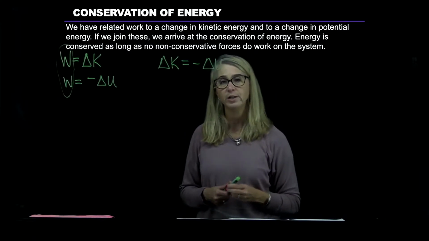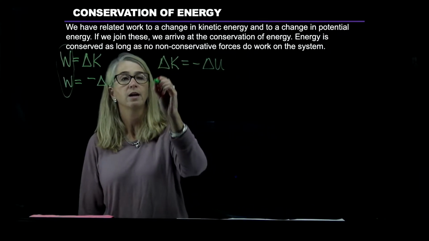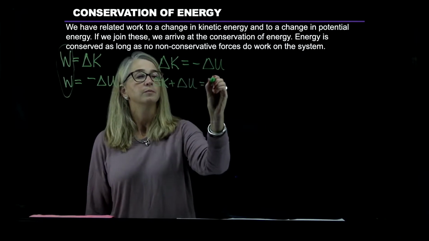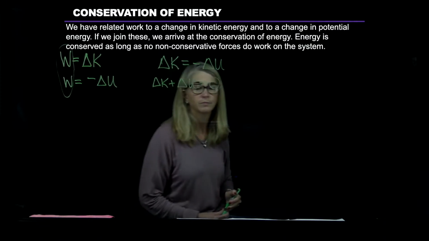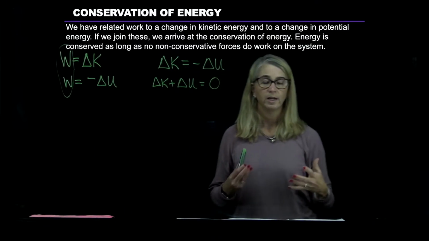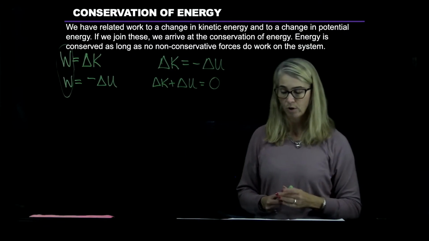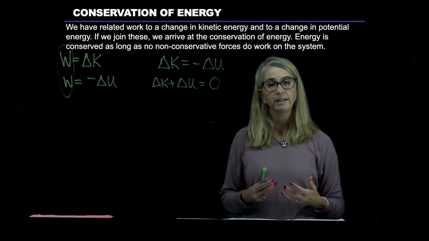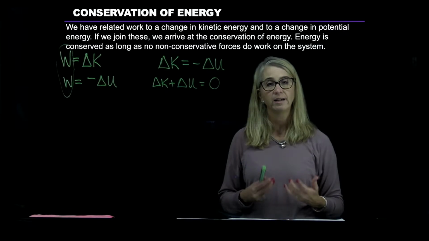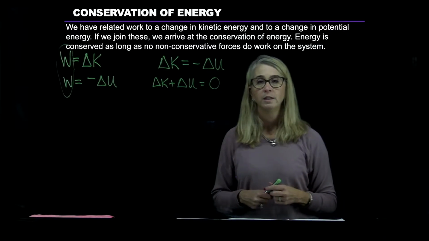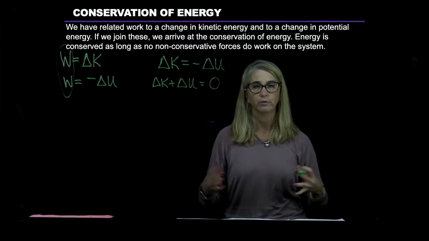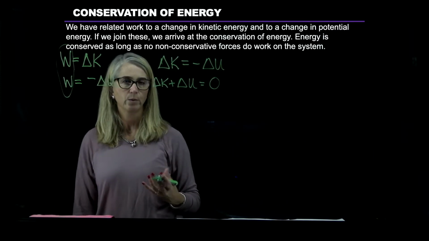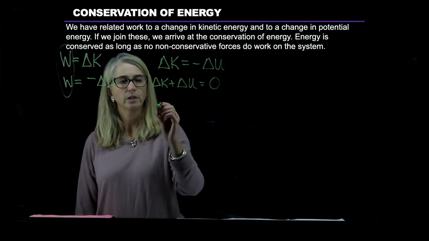It becomes a little easier if we put everything on one side, where we're saying that when some sort of process happens, the total change in kinetic energy and potential energy add up to be zero. Now, let's flesh this out a little bit so it's more obvious that we're saying that energy is conserved.